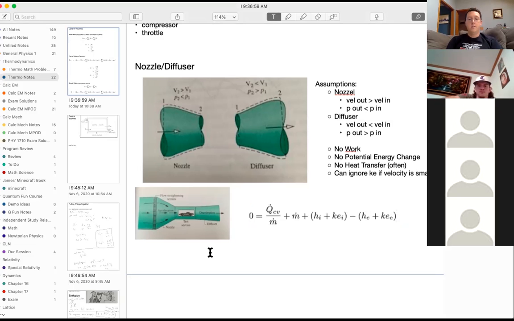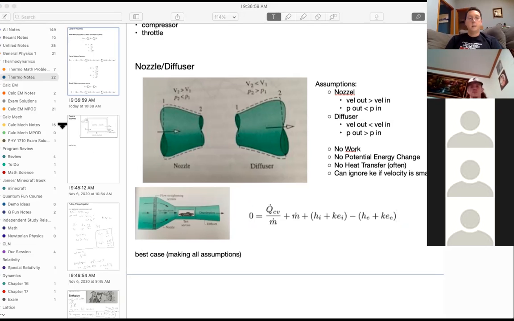So in that case, enthalpy in is the enthalpy out. That's if you can ignore kinetic, ignore the heat, ignore potential and work always. Then you just get that the enthalpy in is the enthalpy out.